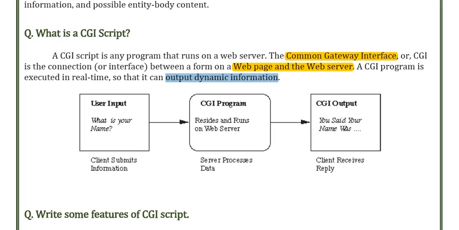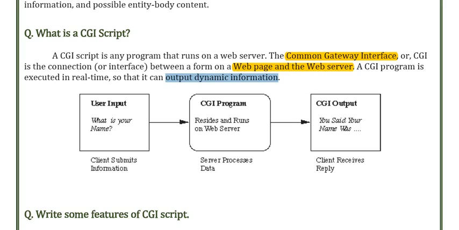In this diagram we can easily understand how CGI works. First we have the user input. Then it communicates with the server by the CGI program. The CGI program resides and runs on the web server with this user input.